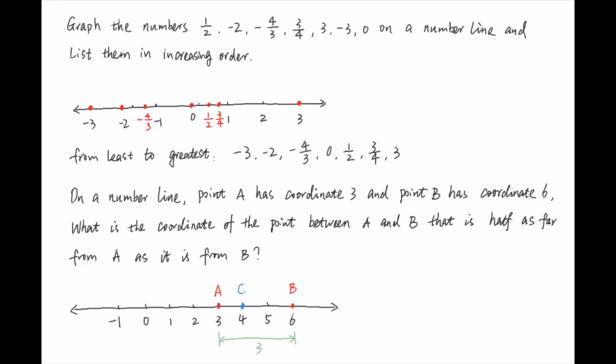The distance between A and C is 1, and the distance between C and B is 2. So the coordinate of the point C is 4.